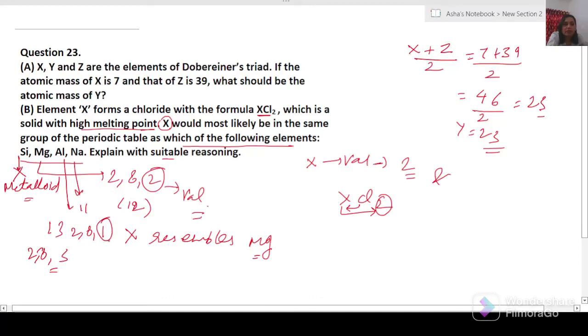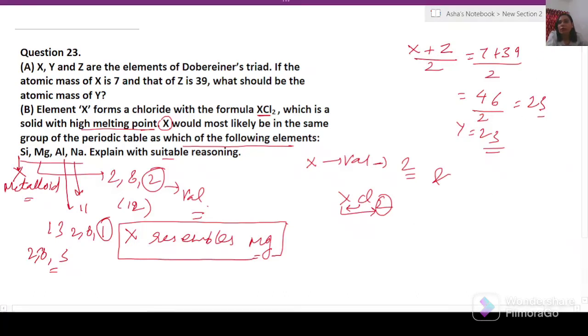So X will resemble only Mg because the valency is 2. Mg valency is 2 and X valency is also 2, and Mg is also a metal. Okay, now we'll go to the next question.